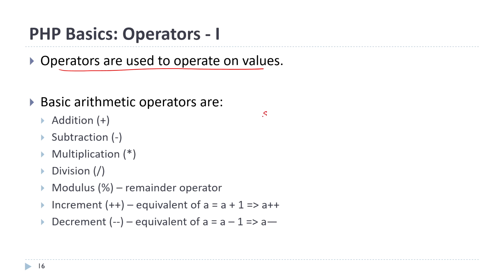So, if you say $num equal to 20, $add equal to 30, and if I say $sum equal to $num plus $add, this plus is the addition operator. If I say $diff is $num minus $add, then that is a subtraction operator.